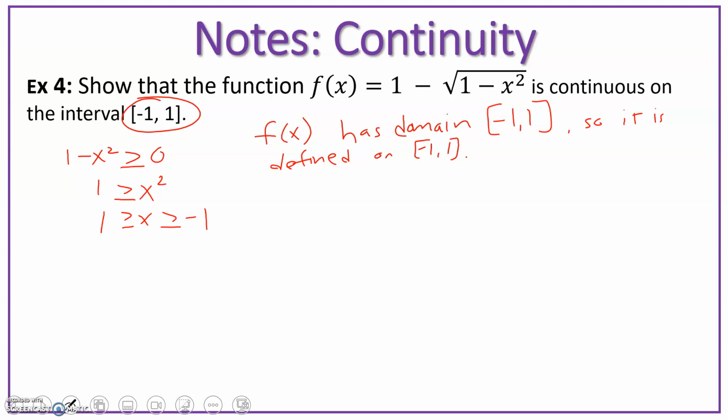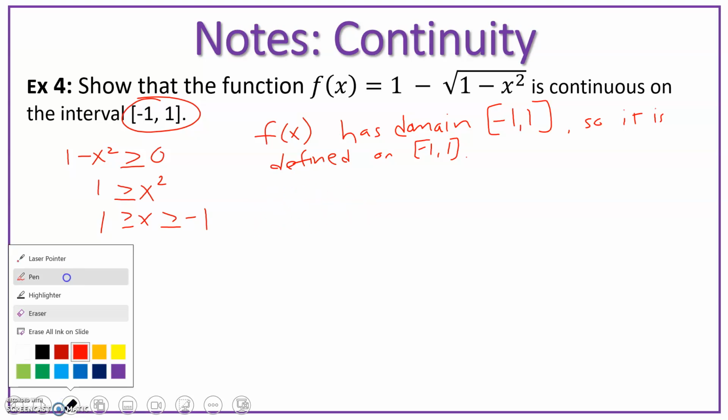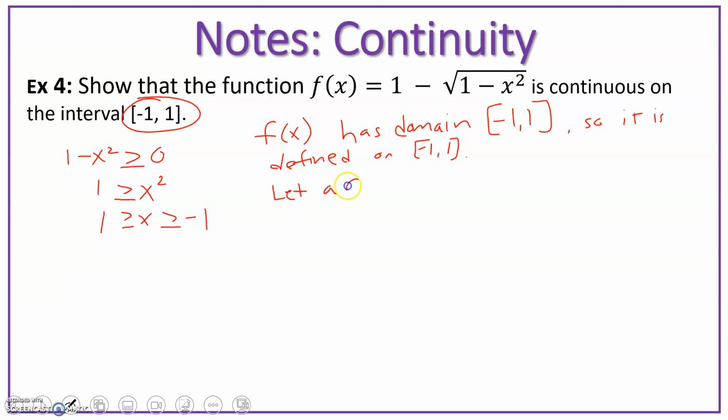Okay, so we're good with that. First condition met. The next condition: does the limit exist? Let's check it. Let a belong to the interval negative 1 to 1, and then let's consider the limit as x approaches a of our function. So this becomes 1 minus the square root of 1 minus a squared.